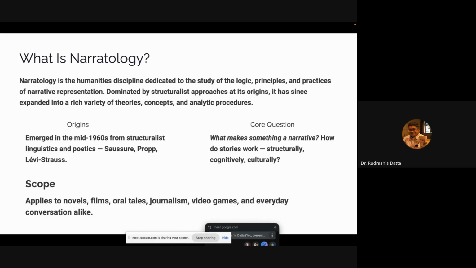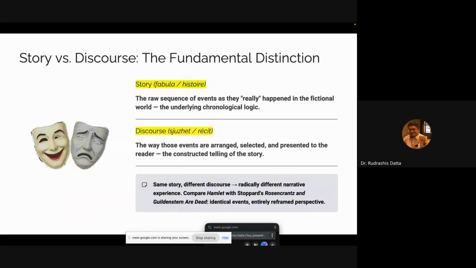It applies to novels, films, even oral tales, somebody telling you a story verbally, journalism, video games, and even everyday conversations. Right? There is nothing among us which expresses something but does not have a context. So this is narratology.